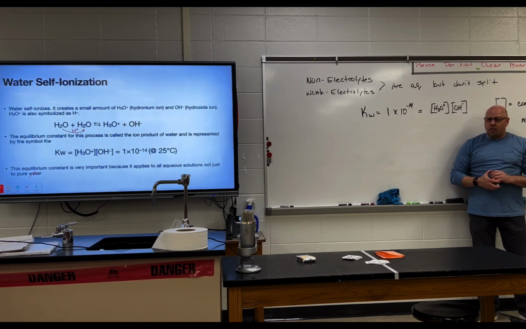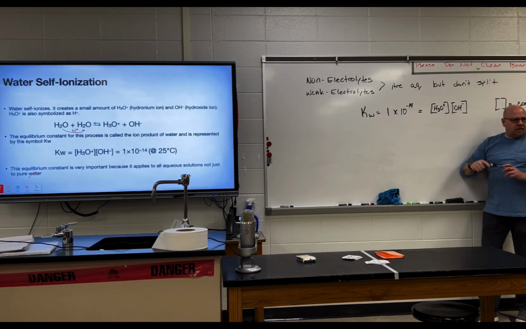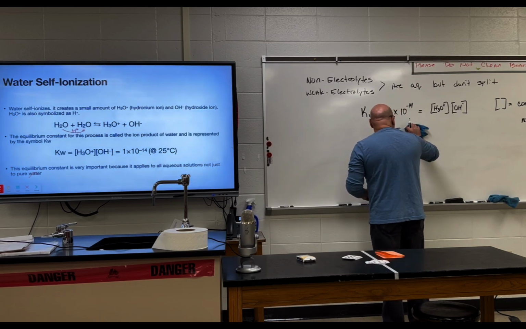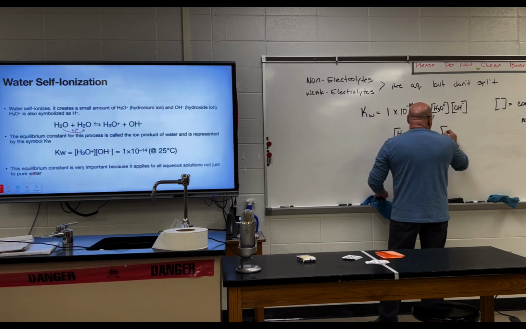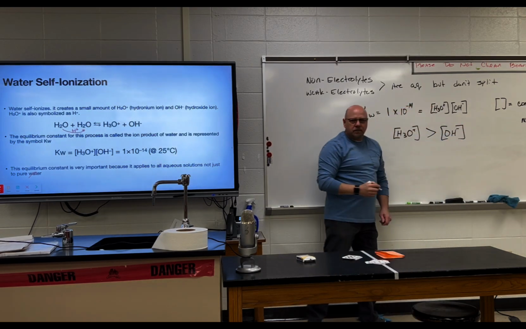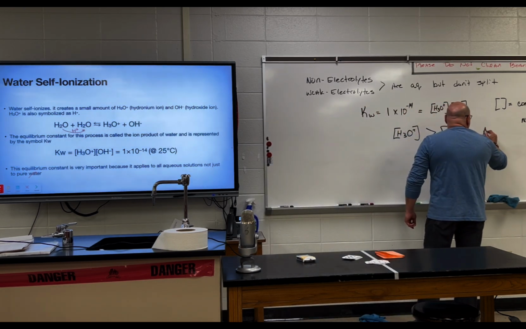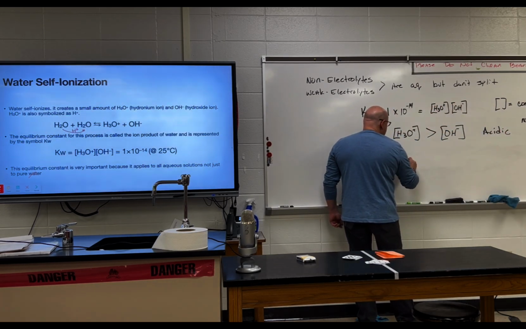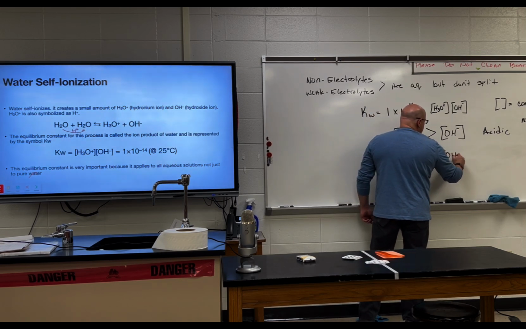Does anybody know which one it's going to be if this one goes up and this one goes down? So if my H3O, my hydronium ion concentration is greater than my hydroxide ion concentration, non-neutral, what is it? It's acidic. If my hydronium ion concentration is less than the hydroxide ion concentration, now it's easy.